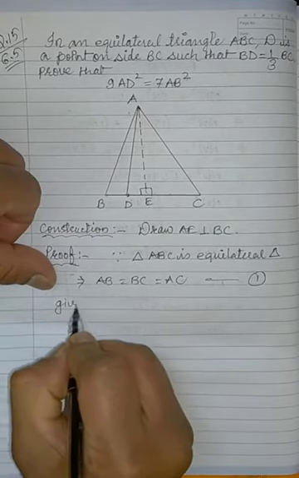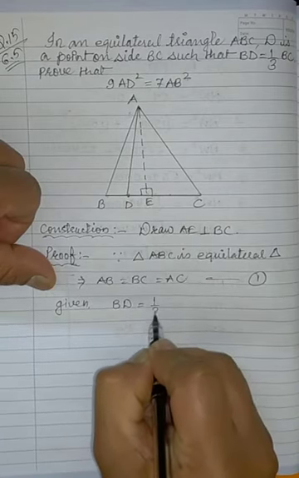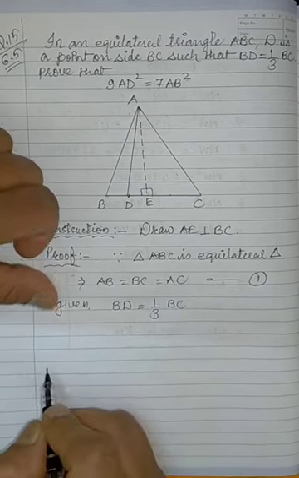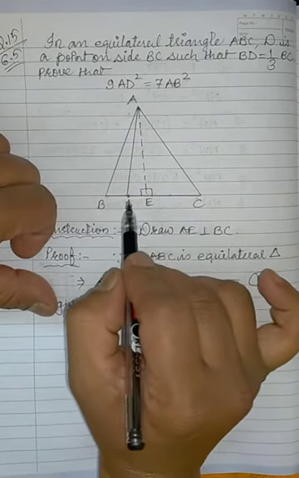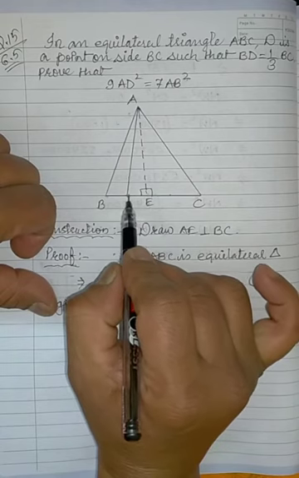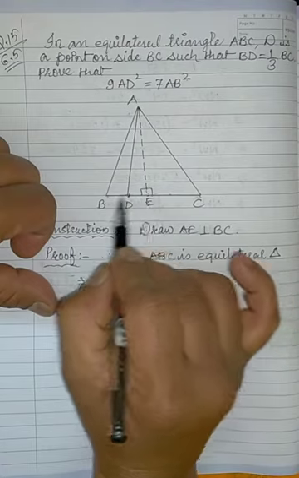Given BD is equal to 1/3 of BC. So we will try to find out the relation of DE with BC and BE with BC.